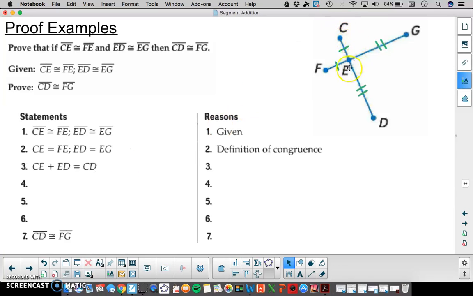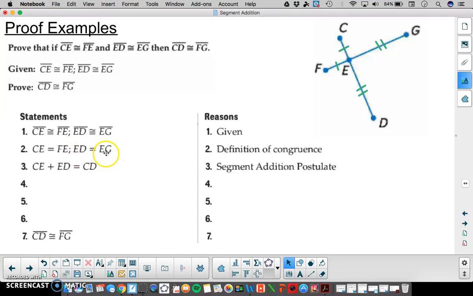I know the piece CE is congruent to the piece ED. The measure of that segment plus the measure of that segment is equal to the whole measure of CD by the segment addition postulate.